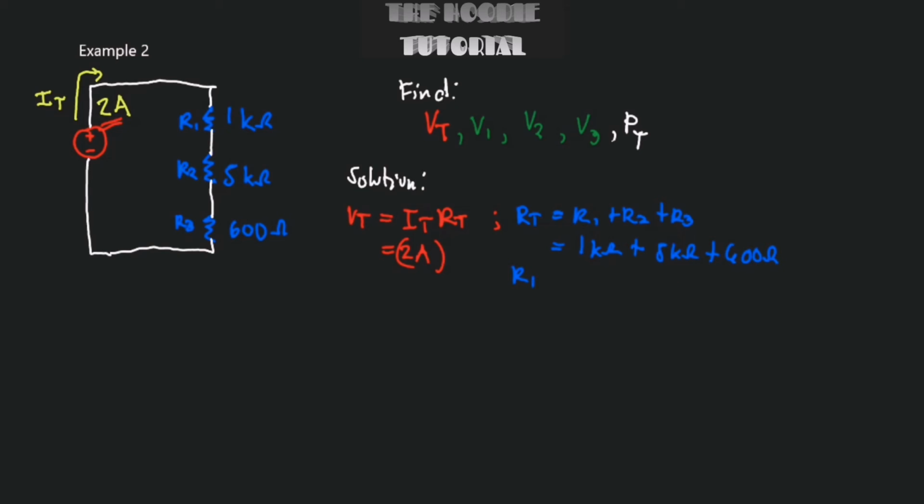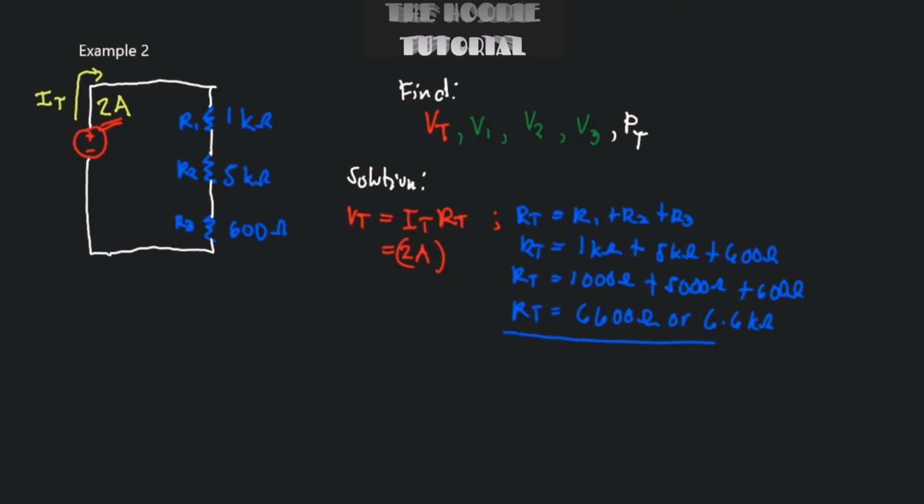Let's convert this first into ohms. So 1 kilo ohm is equal to 1000 ohms, and 5 kilo ohms is equal to 5000 ohms, plus R3 is 600 ohms. If we add that up, we would have 6600 ohms, or 6.6 kilo ohms.